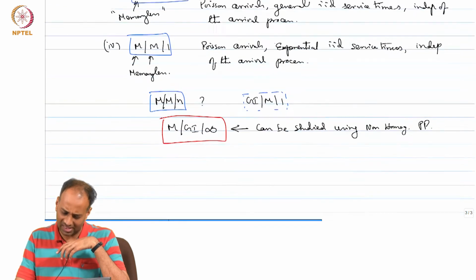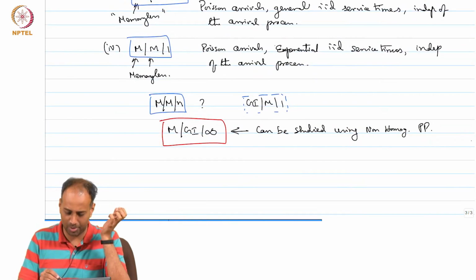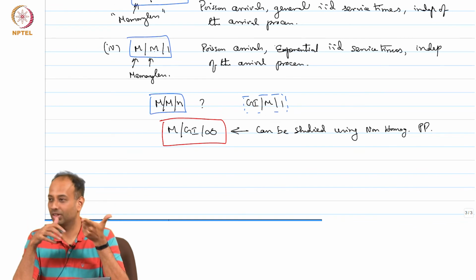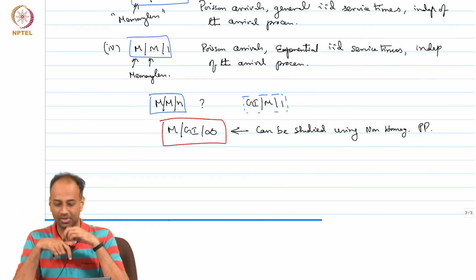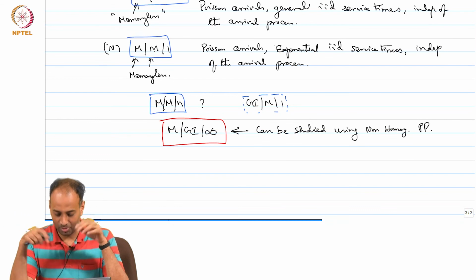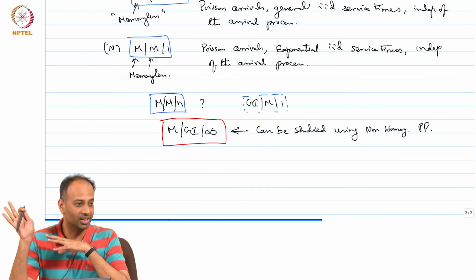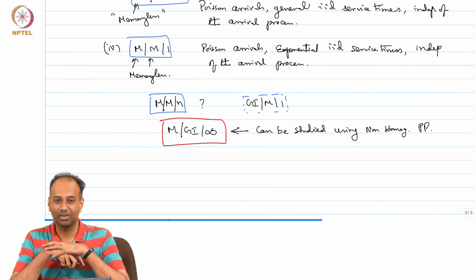So, mathematically the simplest Q, the nicest Q is MM1, okay, which is exponential, Poisson arrivals, exponential service times. But it is somewhat ironic that this is something that we will study towards the very end, okay, because we need to study continuous time Markov chains before we can study MM1. Okay.